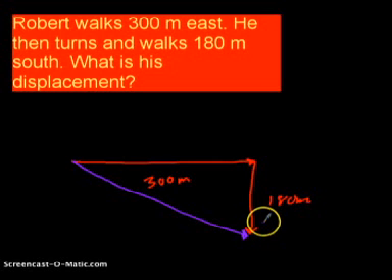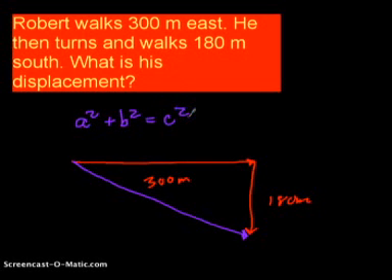Displacement has a magnitude and a direction. So right now, let's just find the magnitude of his displacement. We're going to do that by using the Pythagorean Theorem. A squared plus b squared equals c squared. So we're going to do 300 squared plus 180 squared, and it doesn't matter which side you choose for each, and that's going to give us c squared.